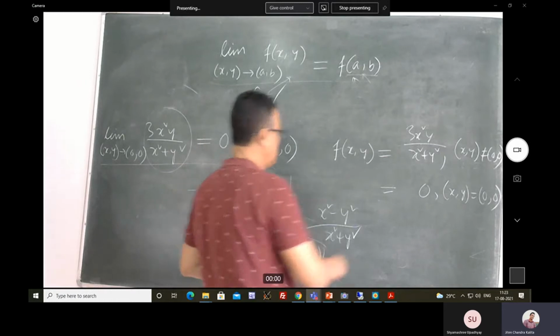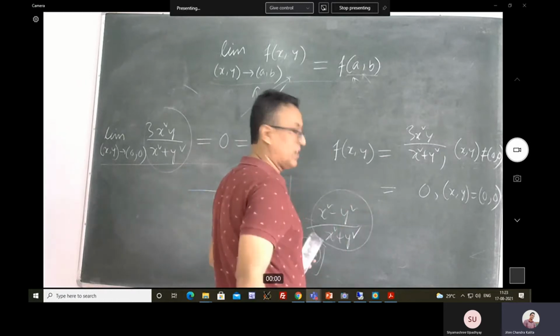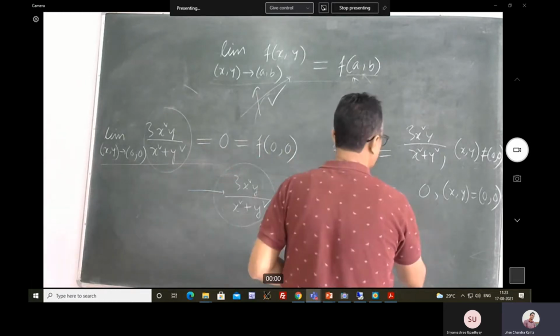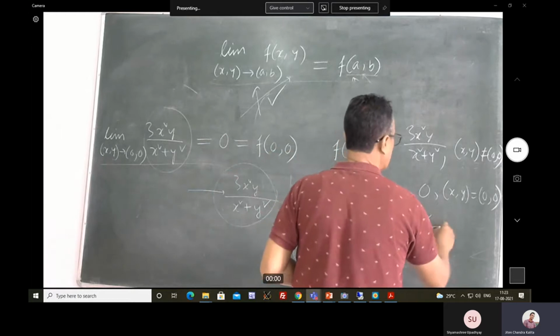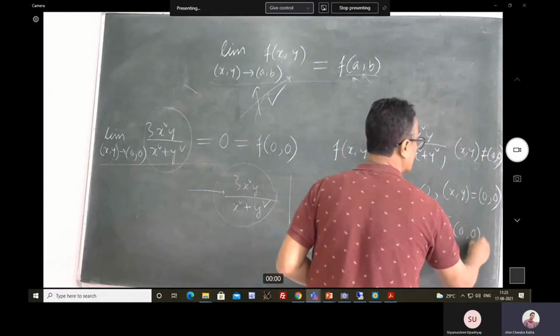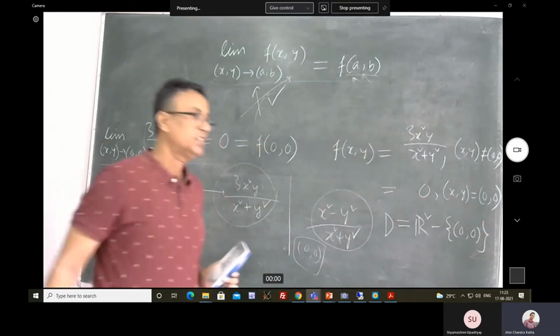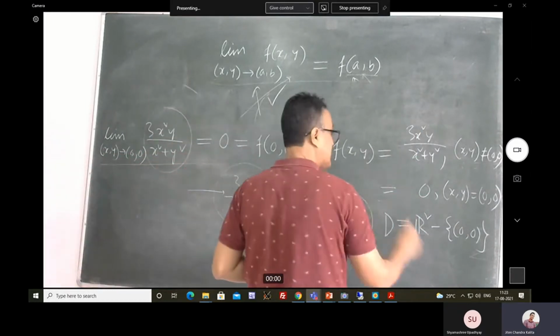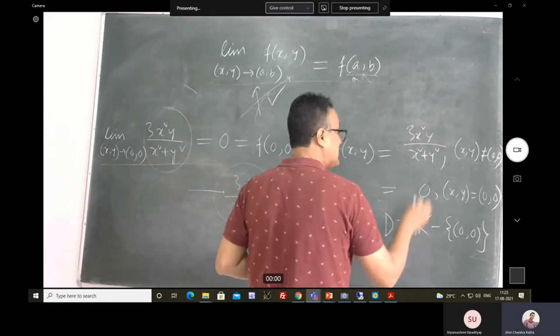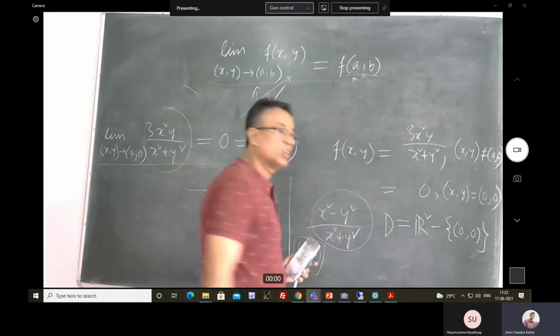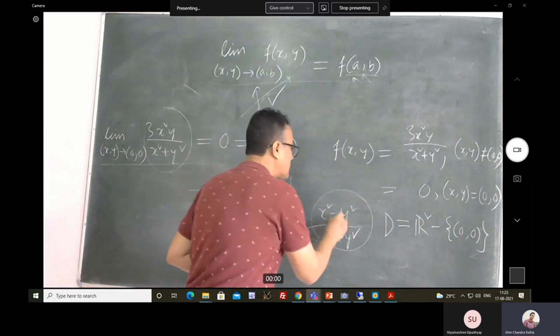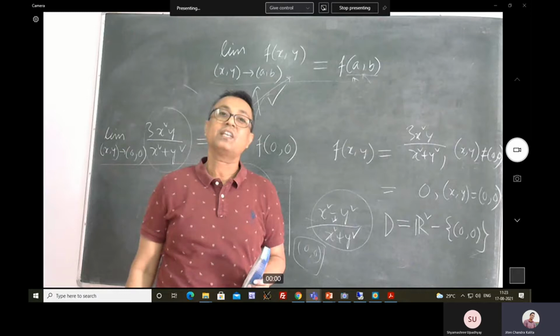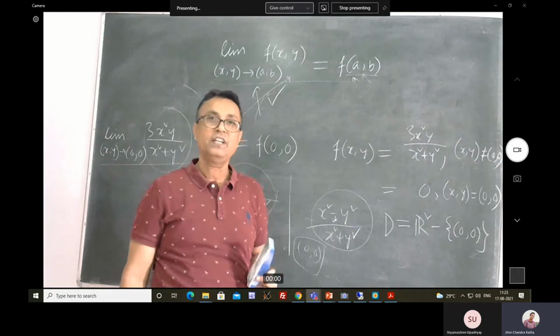So the domain of this function would have been R2 minus the point (0, 0). Now, if I take a point other than the point (0, 0), this function is always going to be continuous at that point.